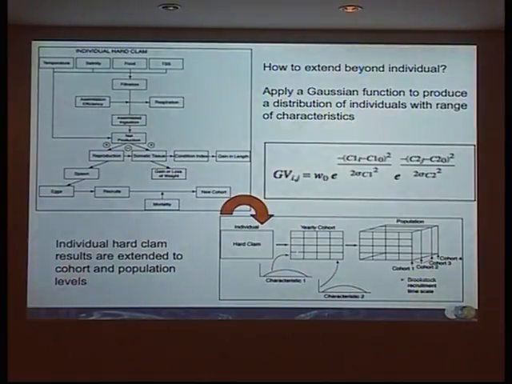It's all post-processing, in effect, looking at if you have this individual and you know these two biological rates vary in this way, can you fill in a matrix that would give you a range of variability around that one individual?